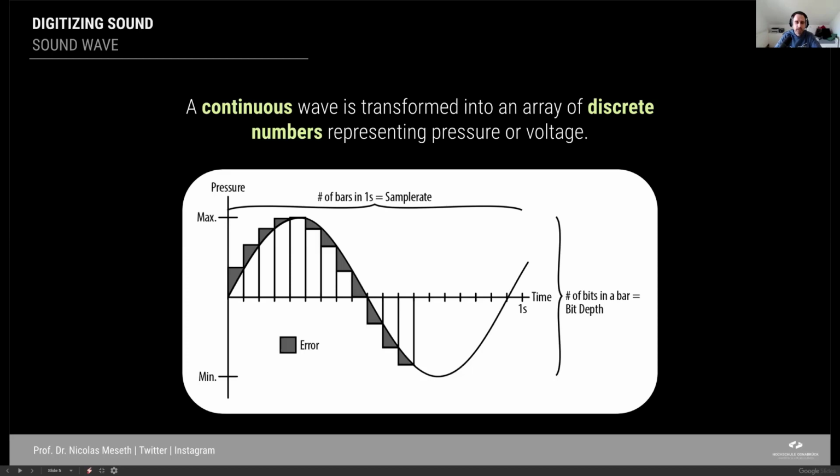So the frequency is whether the sound is high pitch or low pitch, and the pressure is going to be the volume. And if we want to measure that, and transform that into a digital representation, what do we do?